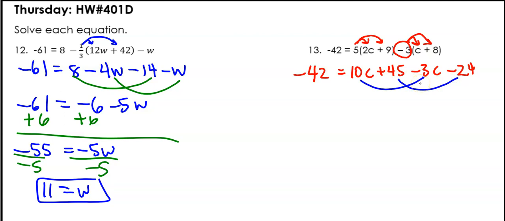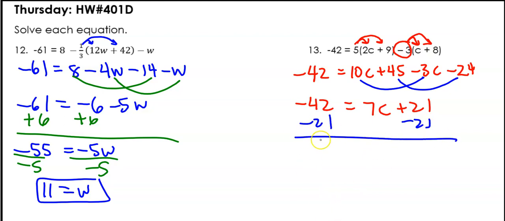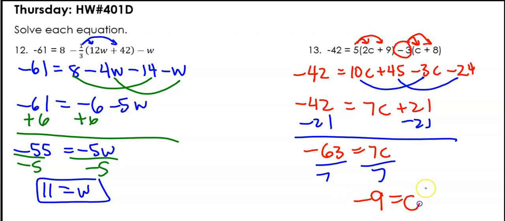So 45 minus 24 is 21. So nothing to do here. 7c plus 21. So I'm going to subtract 21 from both sides. I'm going to get negative 63. And divide both sides by 7. And I get negative 9.